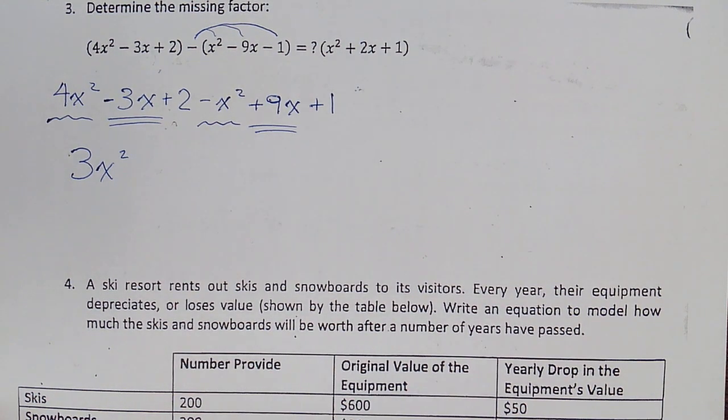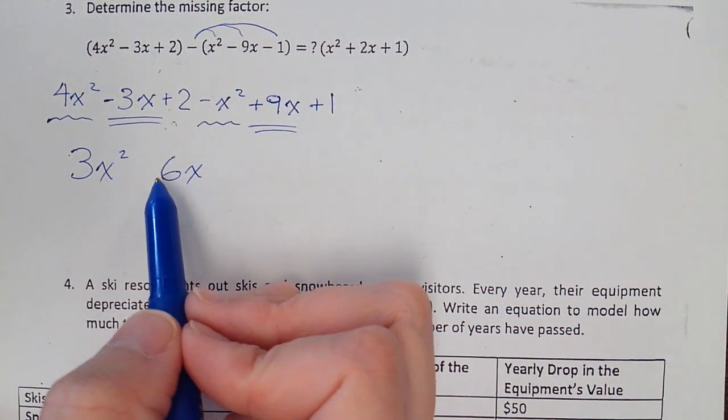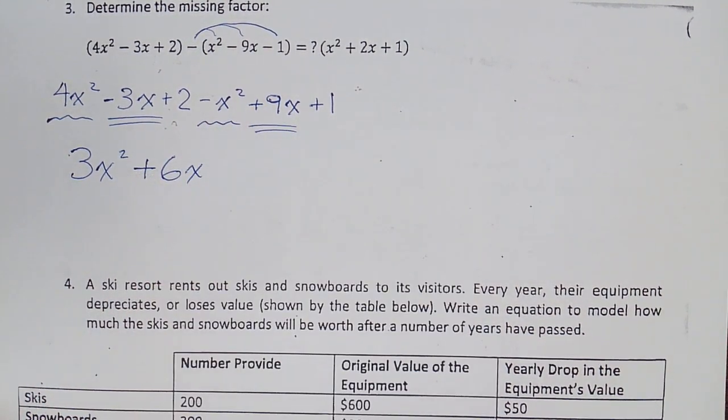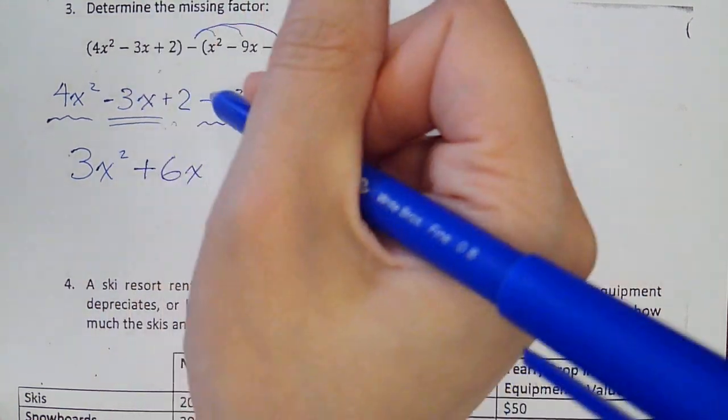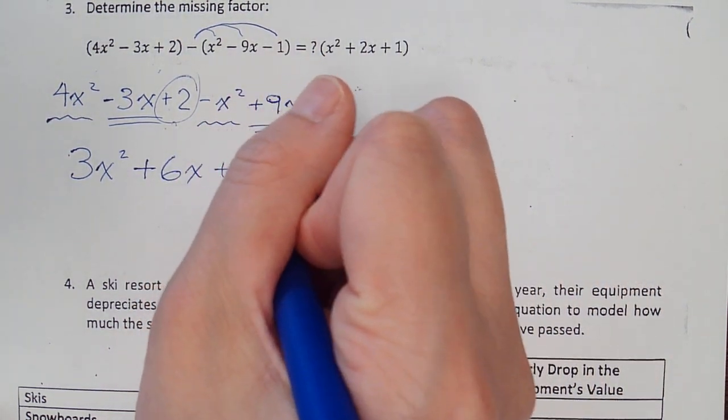That's 6x. Yeah. Positive or negative? Positive. Yeah, so I put a plus. And then lastly, the 2 and the 1. 2 plus 1, Deandra? 3, yeah. There you go.